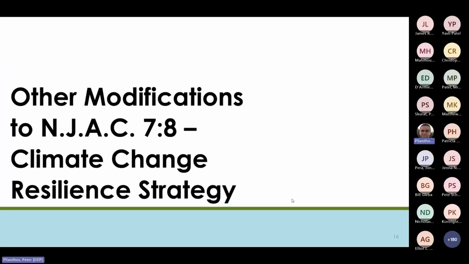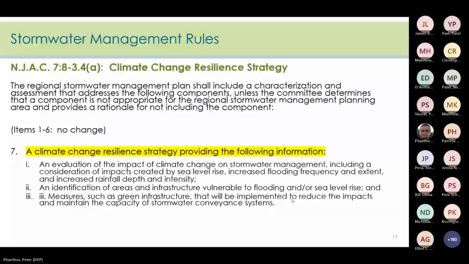Next, there are a couple of amendments to the rules referring to a climate change resilience strategy. Under the Regional Stormwater Management Planning subchapter of the rules, there is the new NJAC 7:8 3.4A7 for a climate change resilience strategy.